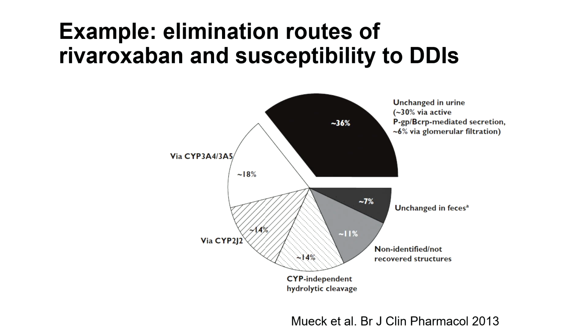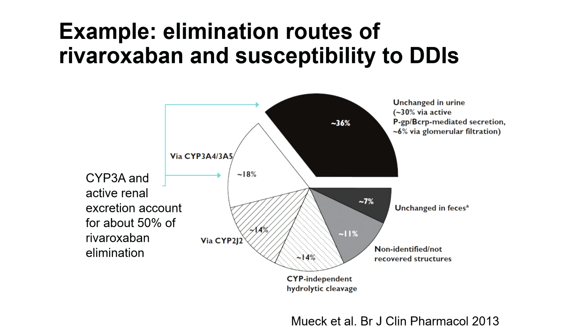This actually, for rivaroxaban, accounts for about 50% of its total elimination. And also, of course, if you consider PGP and BCRP, they are expressed in the intestine. So regarding drug-drug interactions, there's also the matter of increased bioavailability by PGP inhibition, for example.